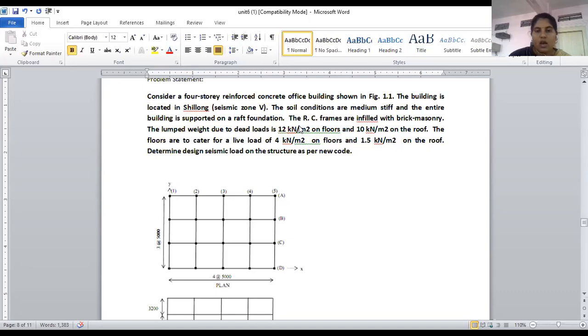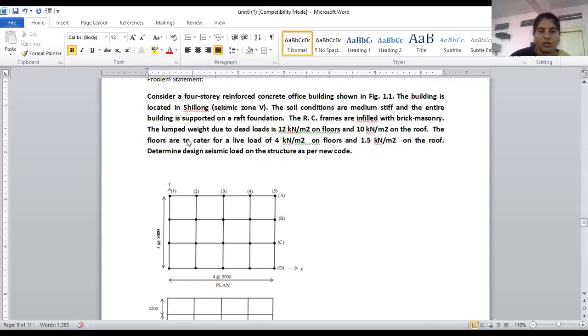Full stop. The RC frames are infilled with brick masonry. Full stop.